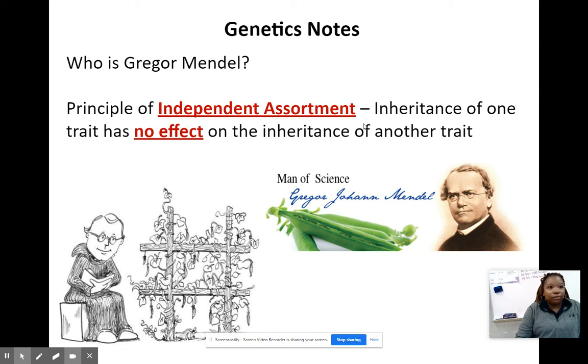So basically your traits are determined based on your parents and what they pass down to you genetically, but green eyes have nothing to do with you having brown skin, or height has nothing to do with your ears being attached or unattached, and so forth.